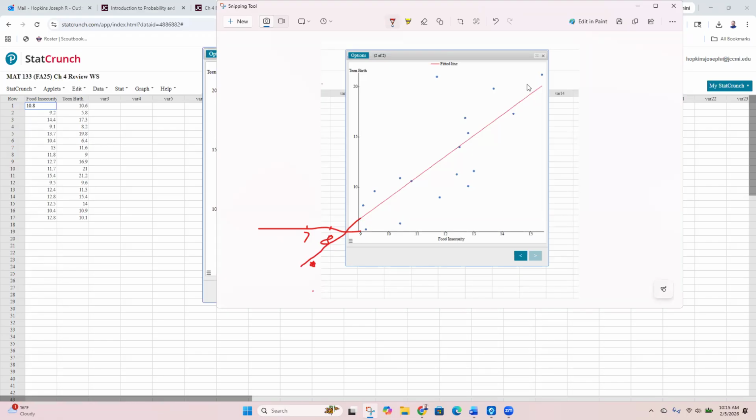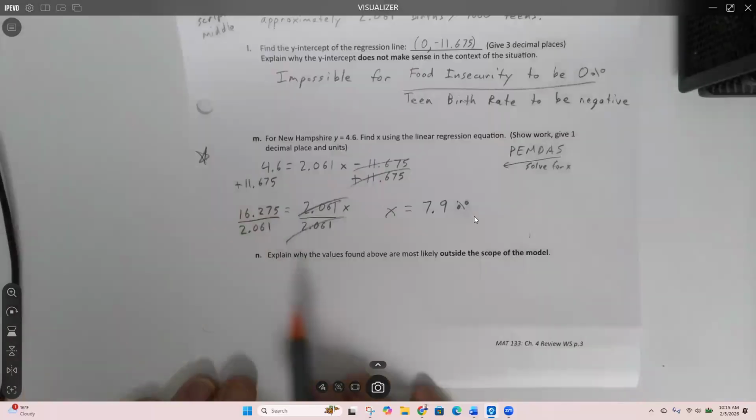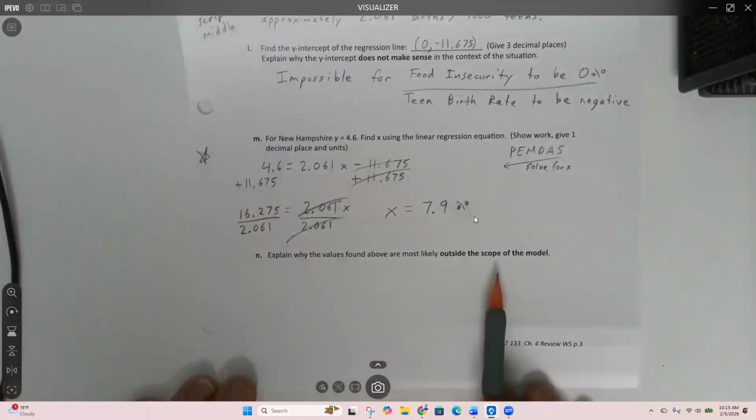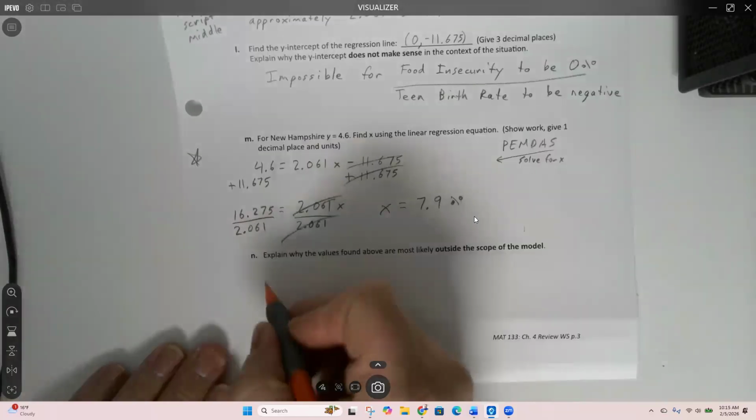When you zoom in on a specific area of your graph, it's going to look like a straight line, but it might be that this is actually a curved graph. Okay. And it's just that this particular section looks like a line. What we're doing here is, as I said earlier, extrapolation. We're looking at a state that is much lower. So the reason why, okay, explain why the values above are outside the scope of the model.